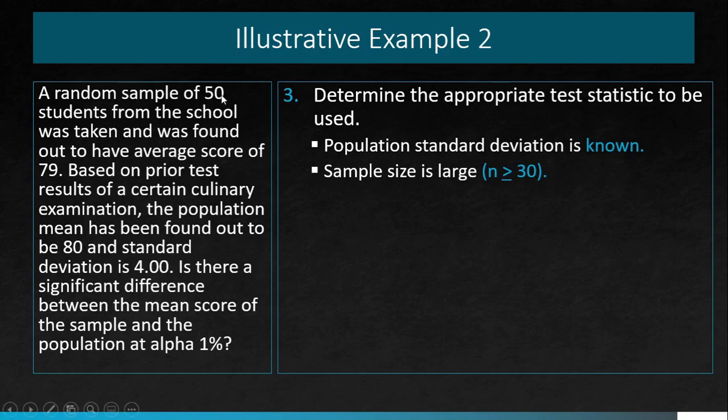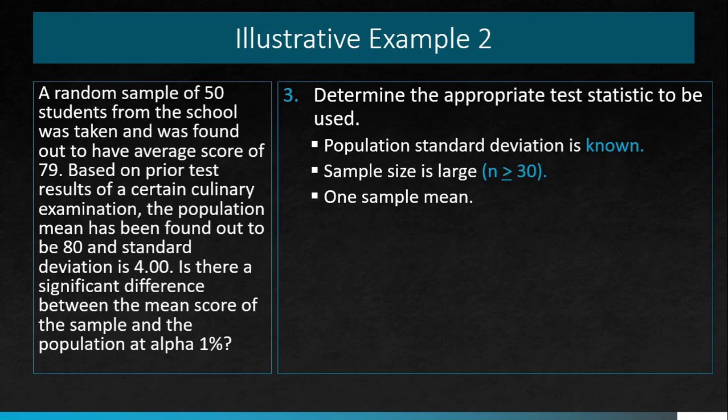We have a sample of 50, that's greater than 30. And we have one sample mean, the mean of our sample. We have 50 students, their average score is 79. Please take note that when we speak of mean, that's the average.